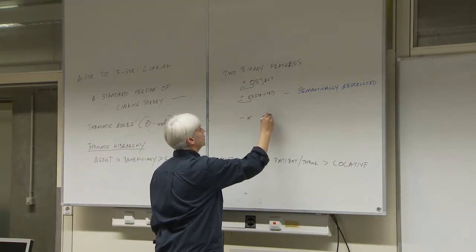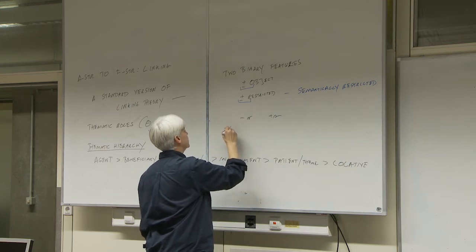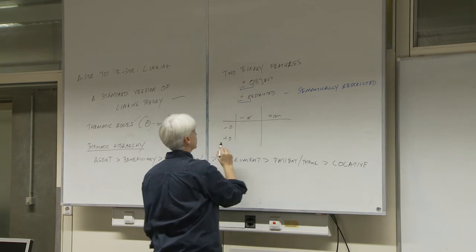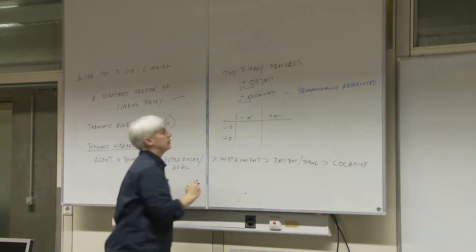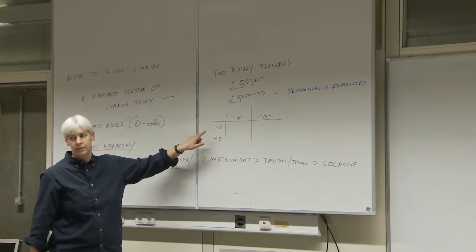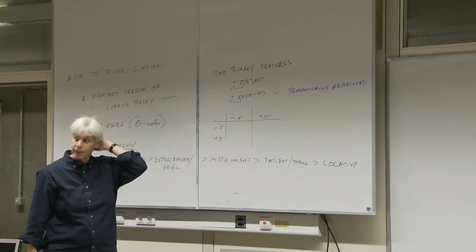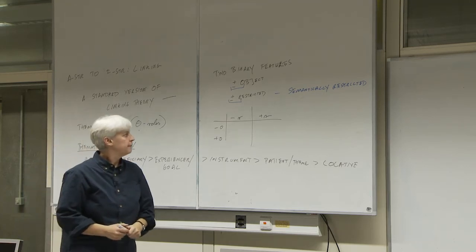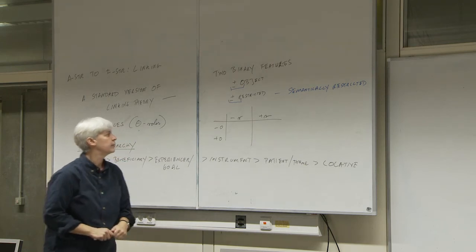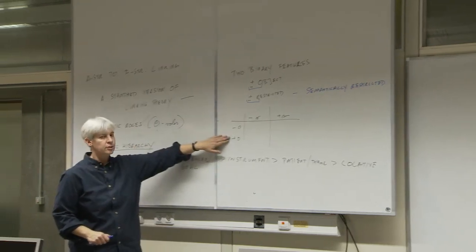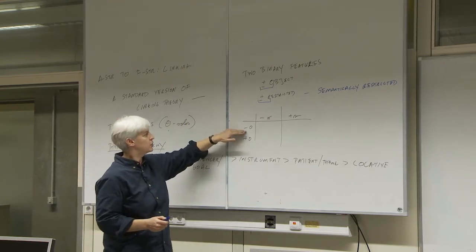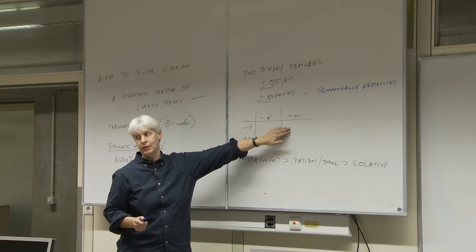We have minus R, plus R, minus O, plus O. So if we do a table like this, and we try to understand our grammatical functions in terms of this binary feature system, then how would it work out? What is the subject, minus or plus O? Minus O. So it's up here for sure. Minus restricted or plus restricted.